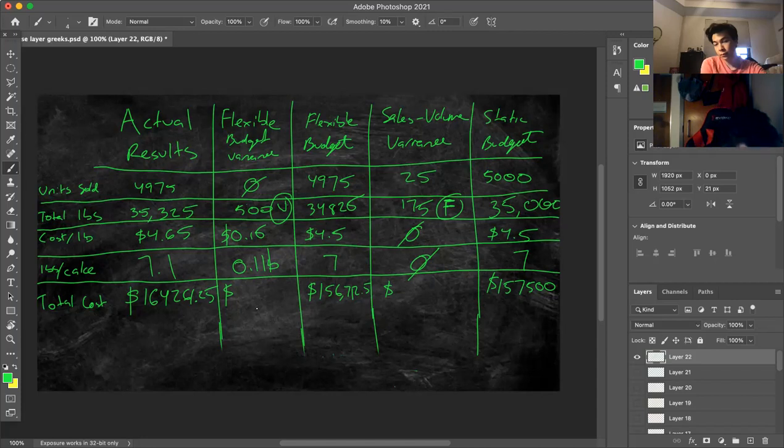Oh, I wrote a number in wrong. I had 161,000 for some reason. That's my bad. I just did the total pounds times the cost per unit. I wrote it wrong. Okay.